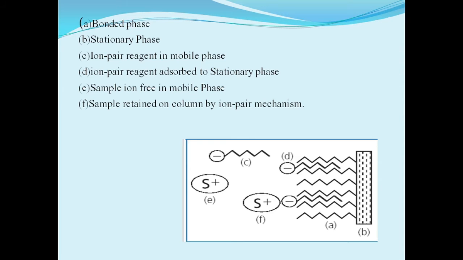And positively charged reagent can be used to retain negatively charged analytes, that is ionic acids. BH+ + R- gives B+R-, here BH+ is the ionized base and R- is the ion pairing reagent.